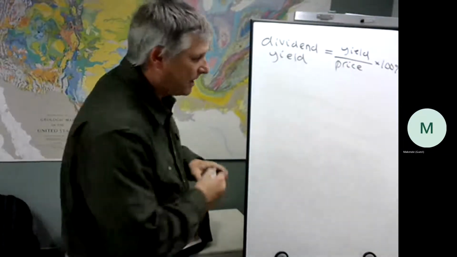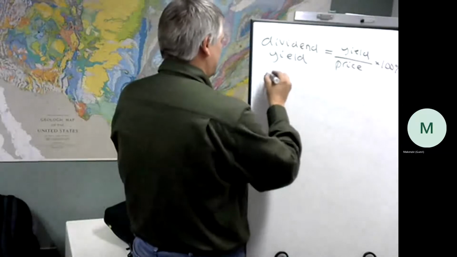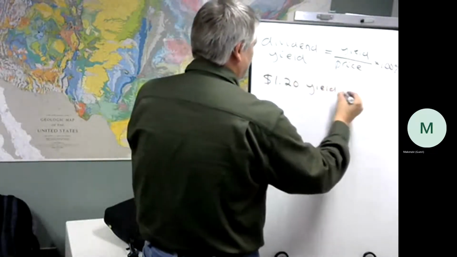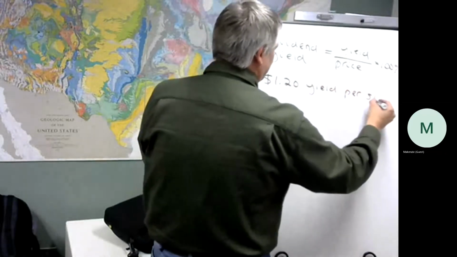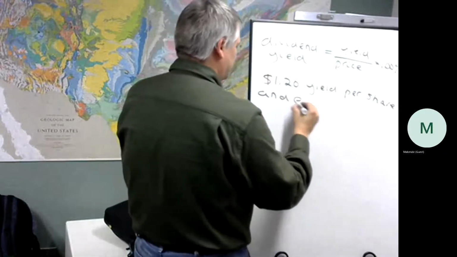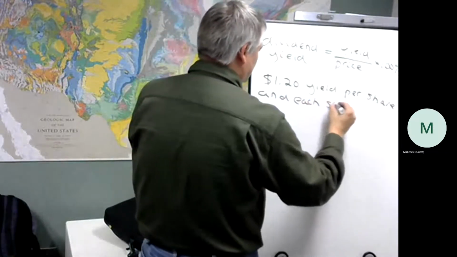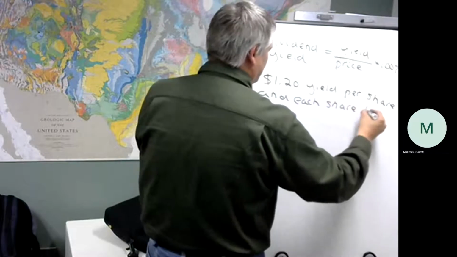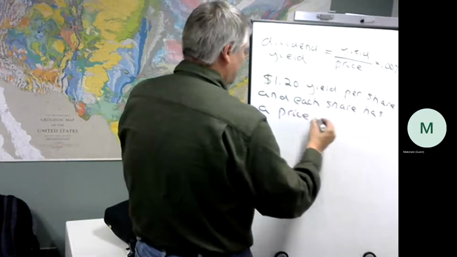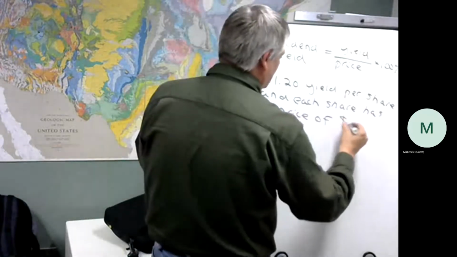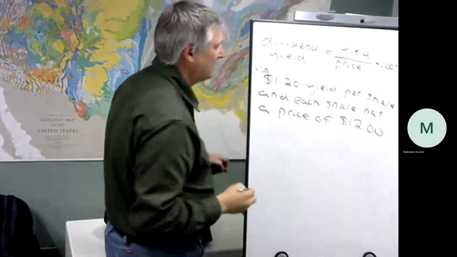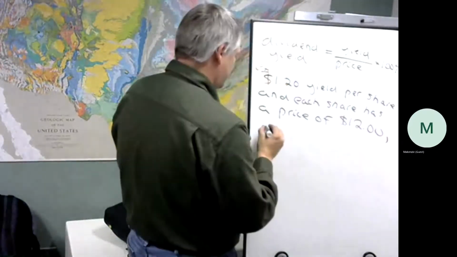So let's say our stock has a $1.20 yield per share, and each share has a price of $12. We want to find the dividend yield.